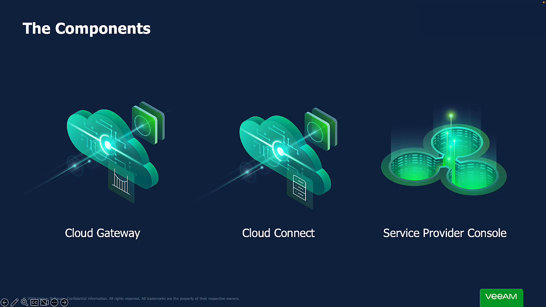Once you've got that Cloud Connect functionality unlocked, you'll need to distribute or create a Cloud Gateway. These can all be on the same machine. These can all be on separate machines. It requires at least Windows 10, physical or virtual, and those are the components. So if this is not familiar to you, then please go back and watch Cloud Connect 1 and 2, like I mentioned.